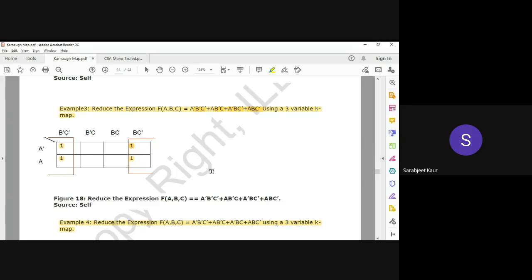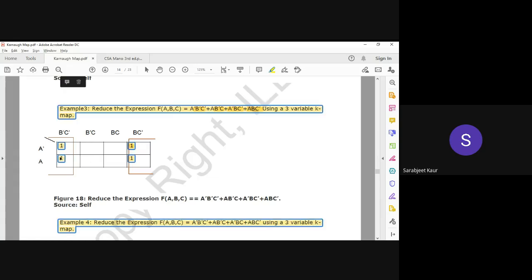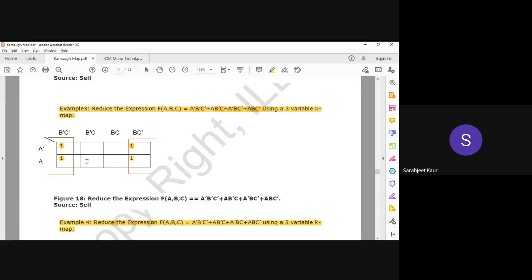Please see, this is not 5. This is 4. So either the question should have been this term, either it should have been A, B dash, C dash, or I would have got a 1 in this place, in this square. Is this clear or not? Okay, because this is 4, this is 5.